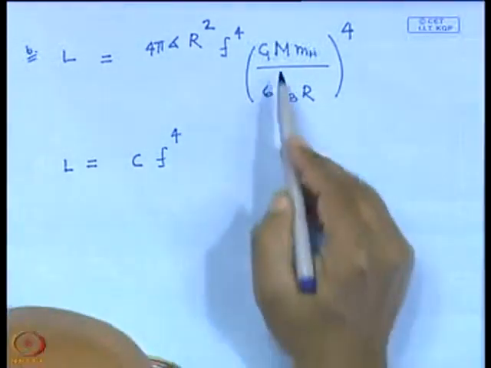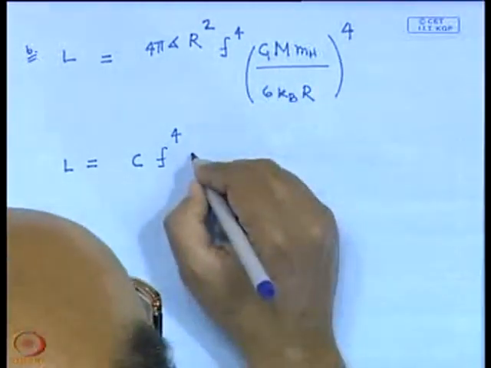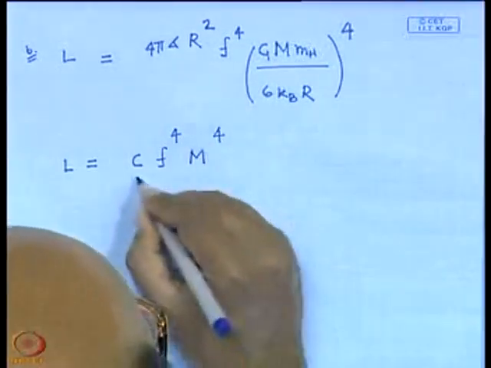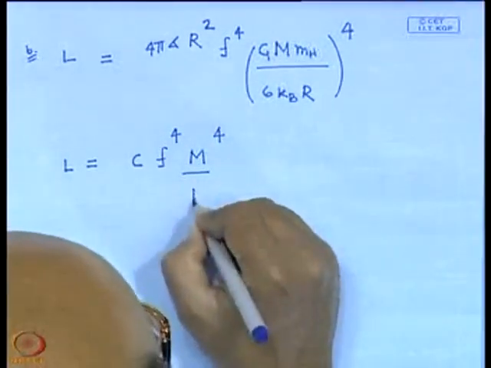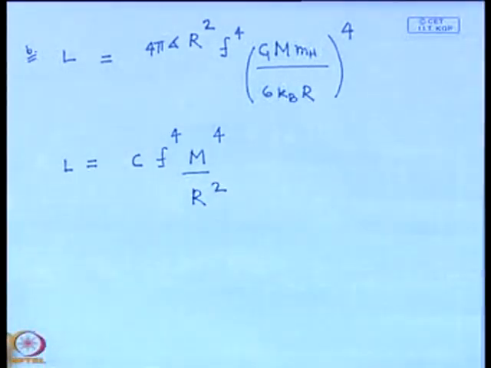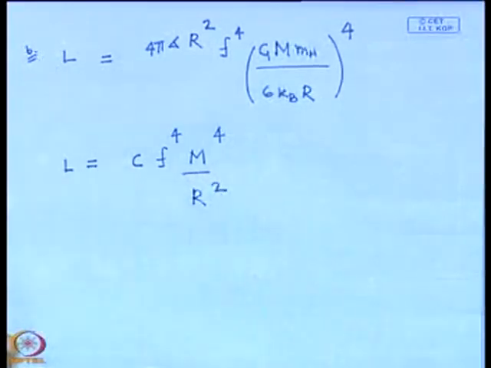We are interested in the dependence on the mass and the radius. So, the dependence on the mass is m to the power 4 by r square. Okay, so that is the second part of the problem. The luminosity is proportional to the mass to the power 4 divided by r square.